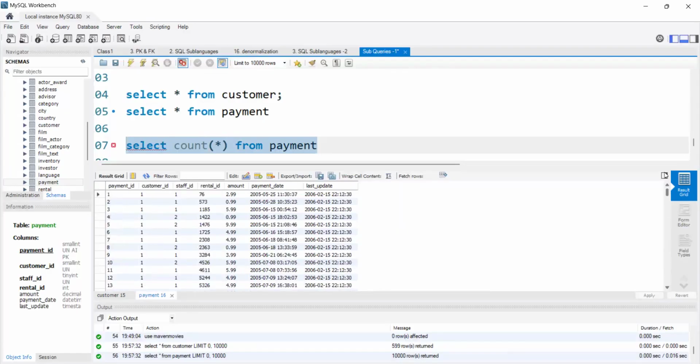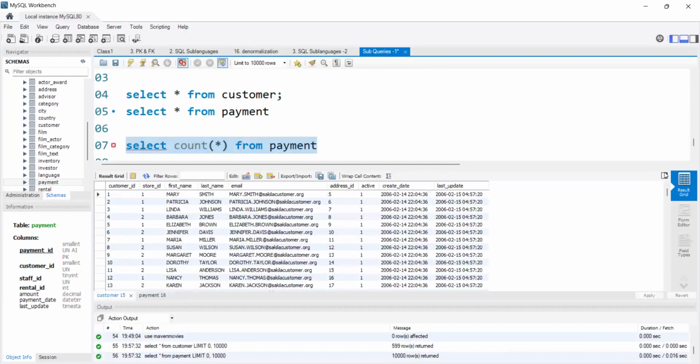But that is not what we want, because if you observe the data here, this is our payment table. Here we have payment id and customer id. Please forget about all the remaining columns, only focus on payment id and customer id. From the customer table, I have only customer id.